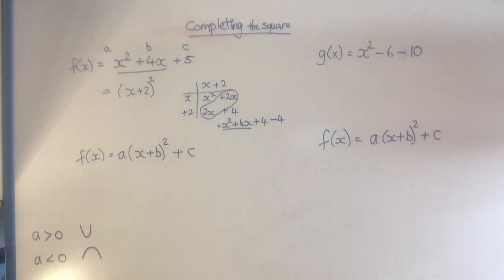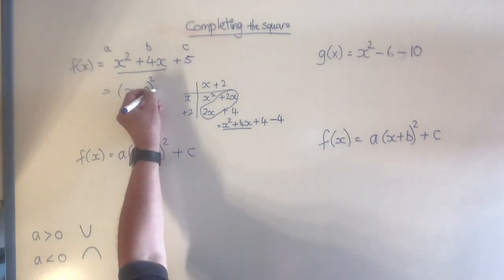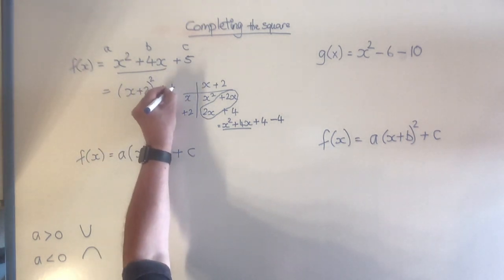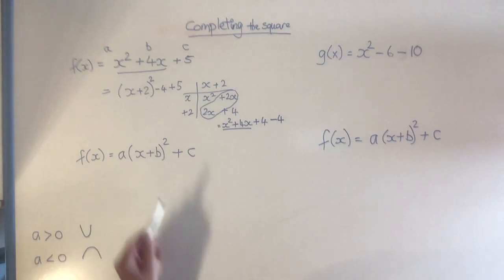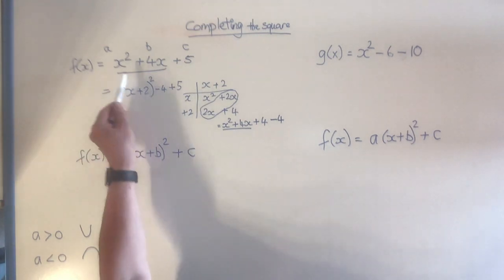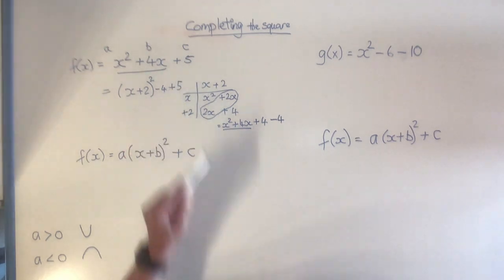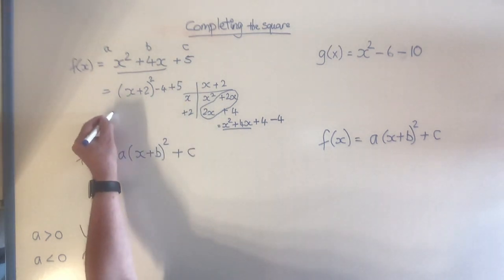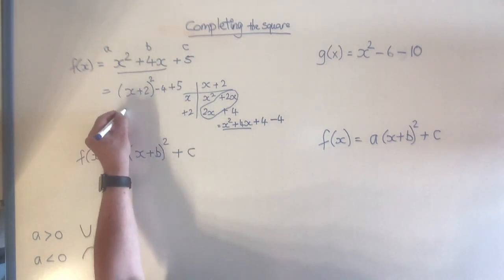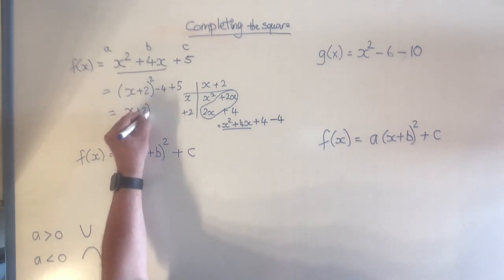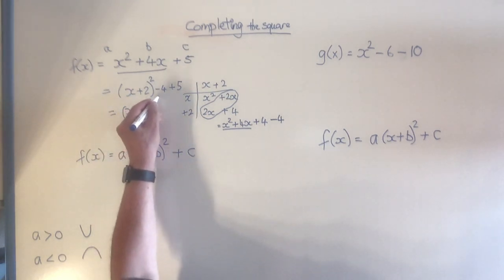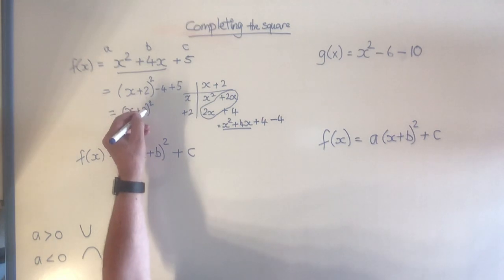So if we take that 4 away to compensate, then we've got minus 4 here, and we've got plus 5. So this bit here now represents all of that, and this bit here is the 5 that we had, and that all simplifies to x plus 2 all squared. Minus 4 plus 5 is 1.